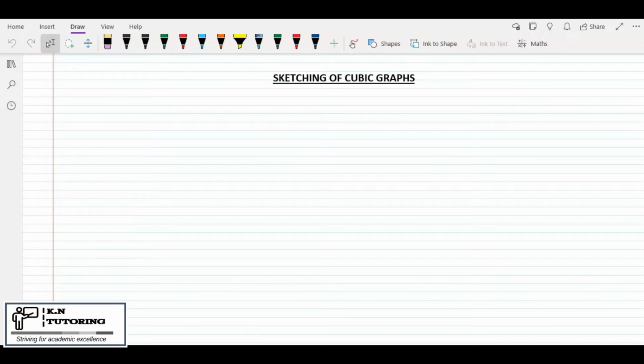and a bit complicated graph. I say a bit complicated in the sense that it's quite demanding in terms of what you need to achieve first before you can start sketching those graphs. But I will take you through all the steps and tips so that you understand the key parameters you need to look at before you sketch cubic graphs.